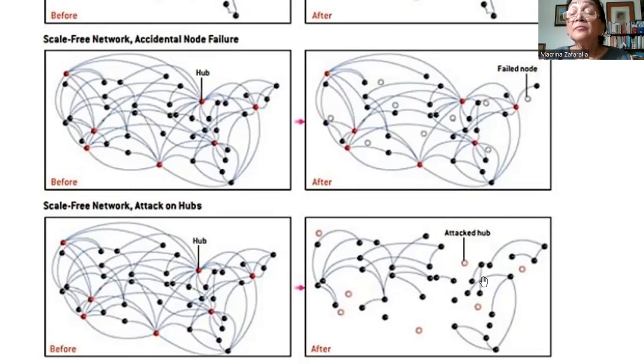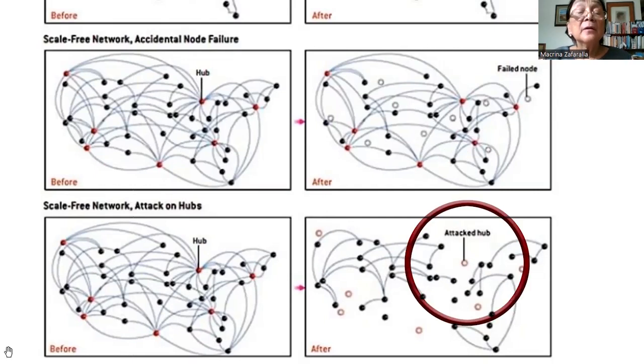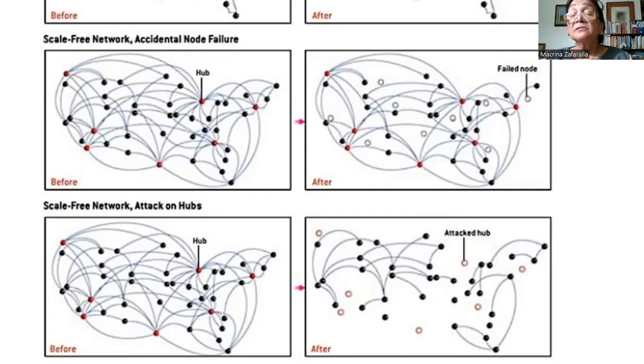Look at the nodes that are going to be affected. Here you have several nodes attached to the attacked hub, and here is the hub now, which is dislocated from its connection with the other nodes. The effect here is going to be more severe.